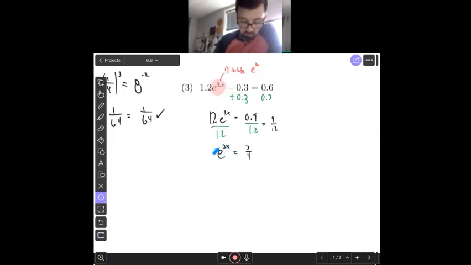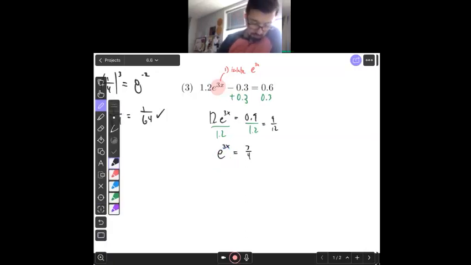Victoria, what's important about this? Katie? Nope, not the x. What do I need to be keen on as I go into rewriting this as a logarithm? Yeah, it's the natural log, right? Since it's base e, it's going to be a natural log.